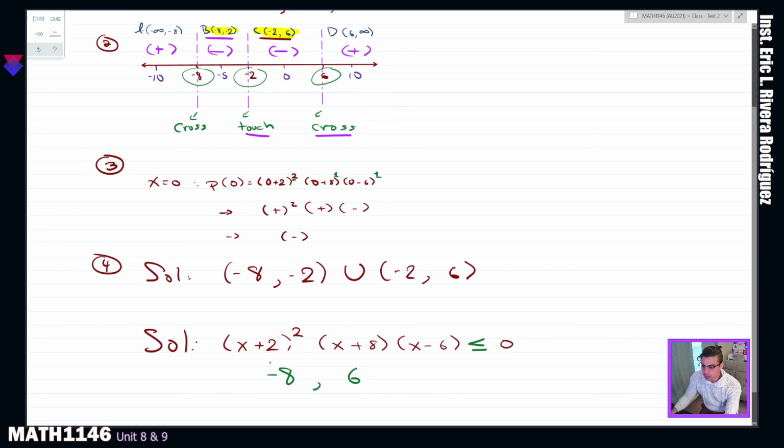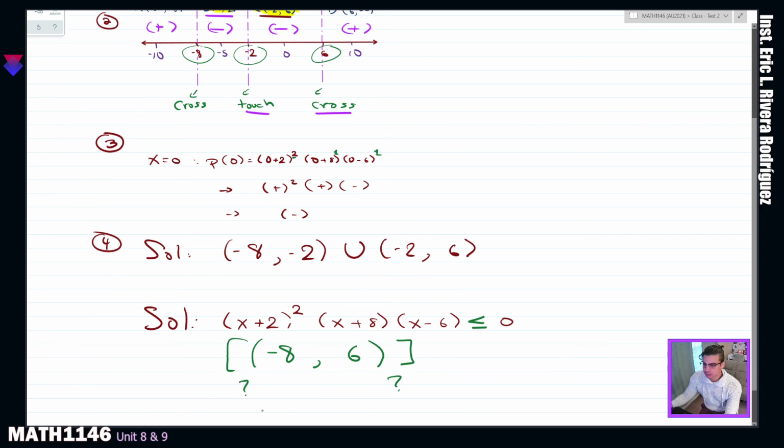But what would we use to close the boundaries here? Parentheses or square brackets? Square brackets, because we need to include -8 and 6.